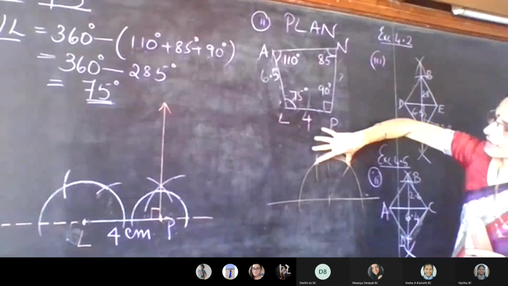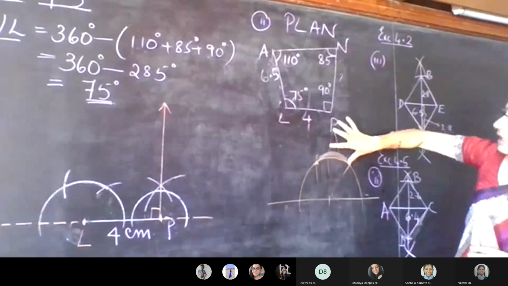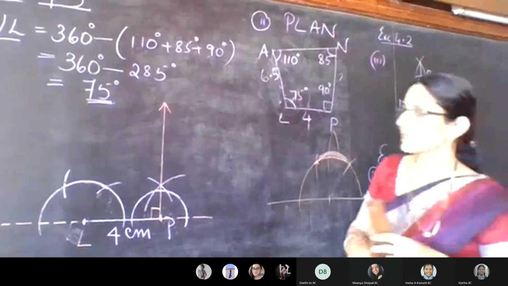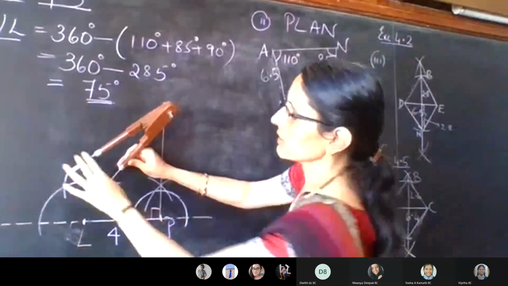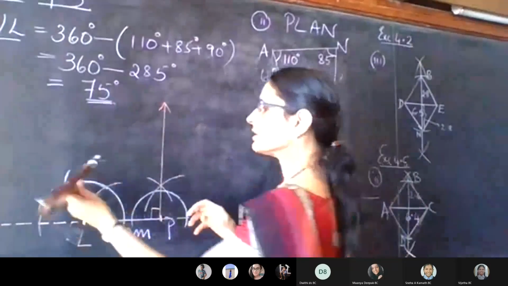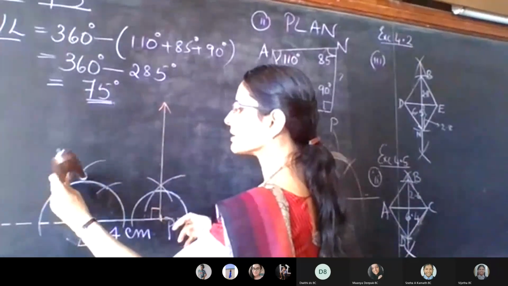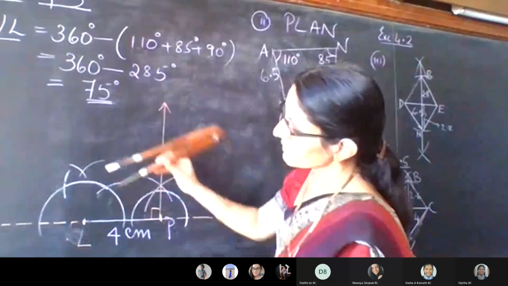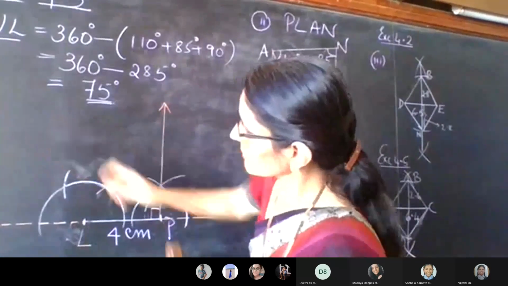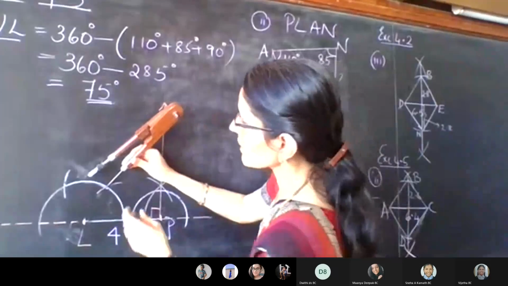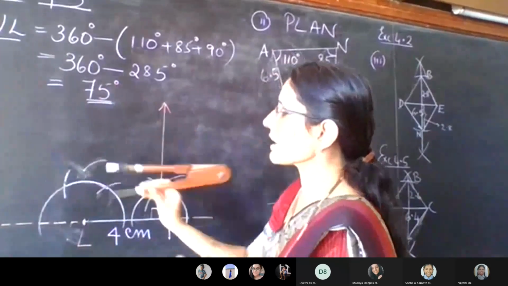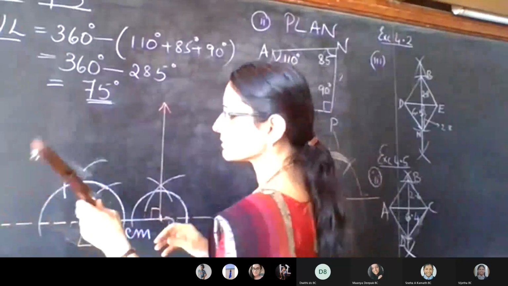Up only is enough. If you want, you can draw down also. But now I am drawing more than half, one arc, and from here another arc. It's sliding. So see that the compass is intact. When you draw, if it slides it will not be proper.